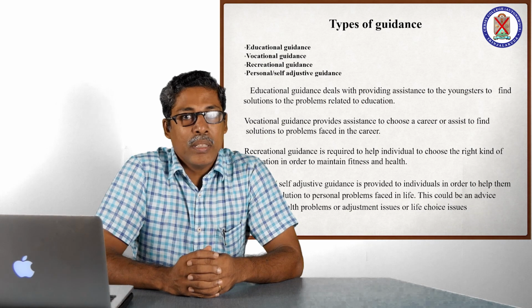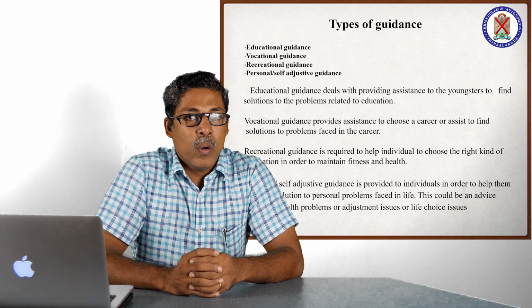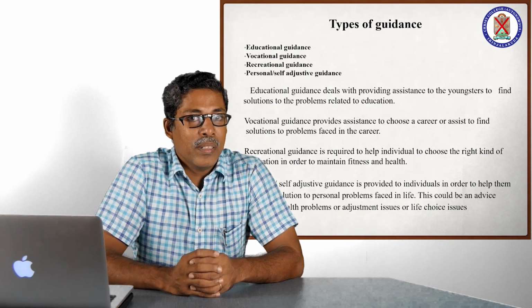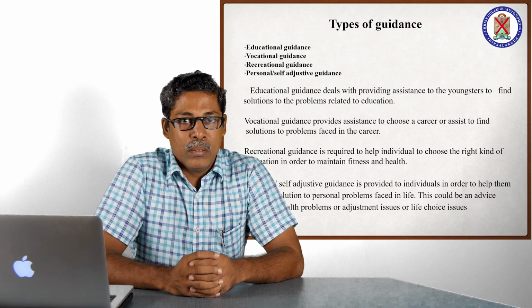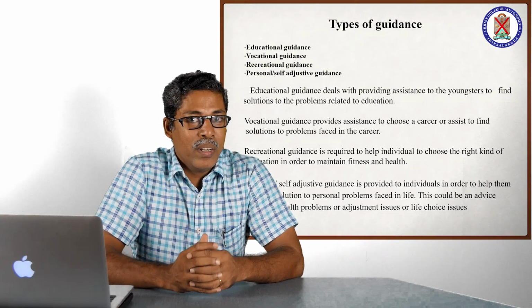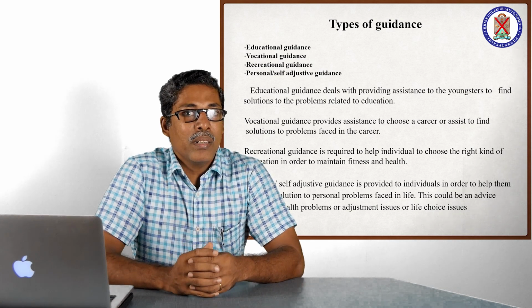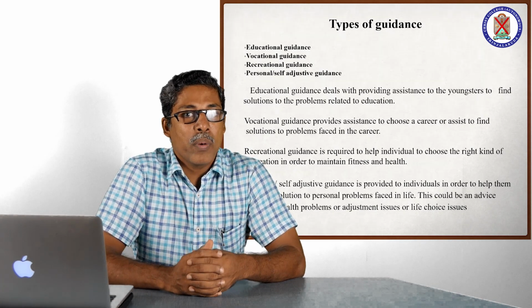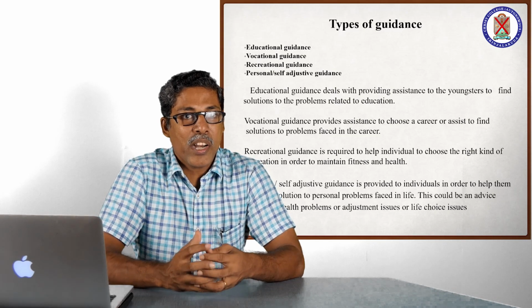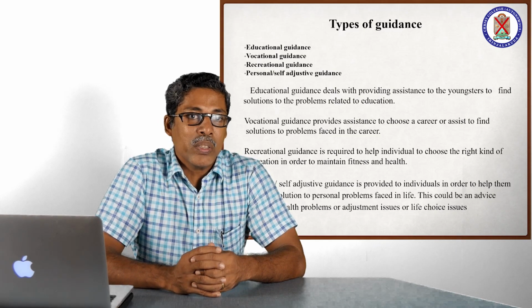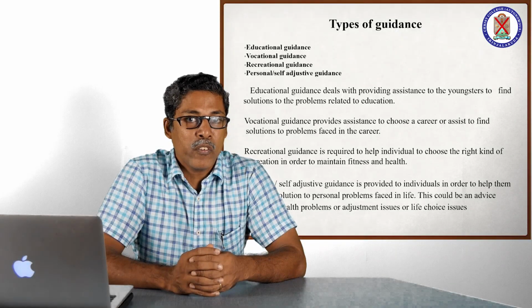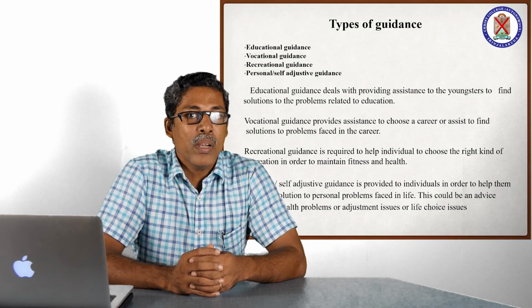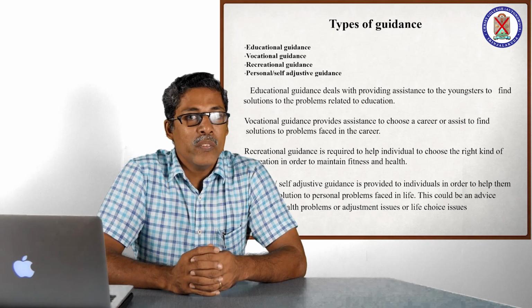If he goes back and sits down at home and watches TV all the time, that becomes just the opposite, again sitting down and doing something. For somebody like that, he would have to move around and do some physical exercise or something like playing a game or something of that sort. So recreational guidance is something which helps an individual to choose the correct form of recreation that will help him to maintain his health and physical fitness.